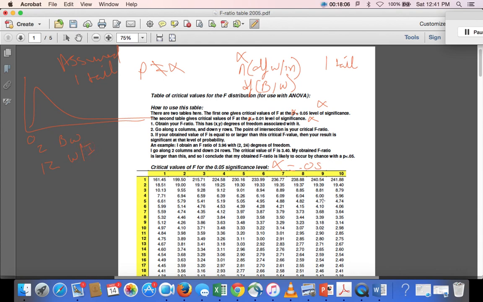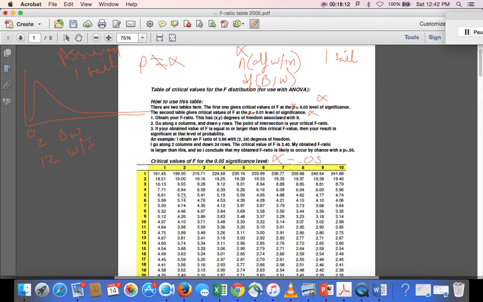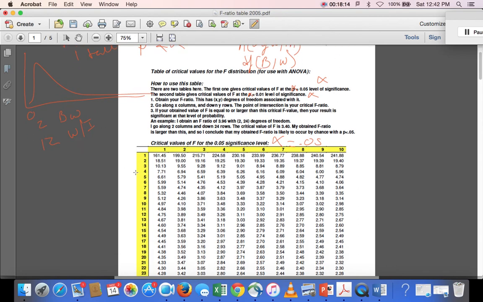Now our table actually goes on to explain exactly how we're going to use these two degrees of freedom, because you'll notice that we have values in yellow that go across and also go up and down. We need to know what they refer to.